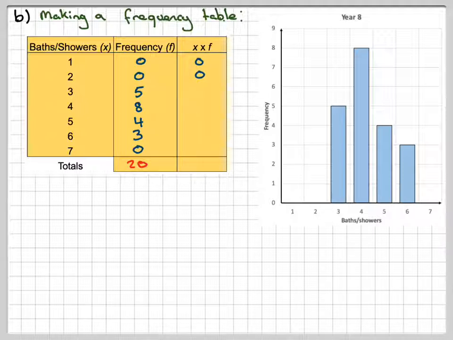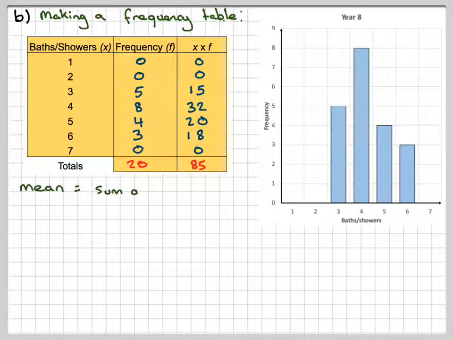Then 0, 0, 3 times 5, that means there were 5 people who took 3 showers, so that's 15 showers altogether. So just remember what it means. 4 times 8, which is 32, 5 times 4, which is 20, 6 times 3, which is 18, 7 times 0, which is 0. If we add this up, we get 85. So there are 85 showers taken altogether by year 8.